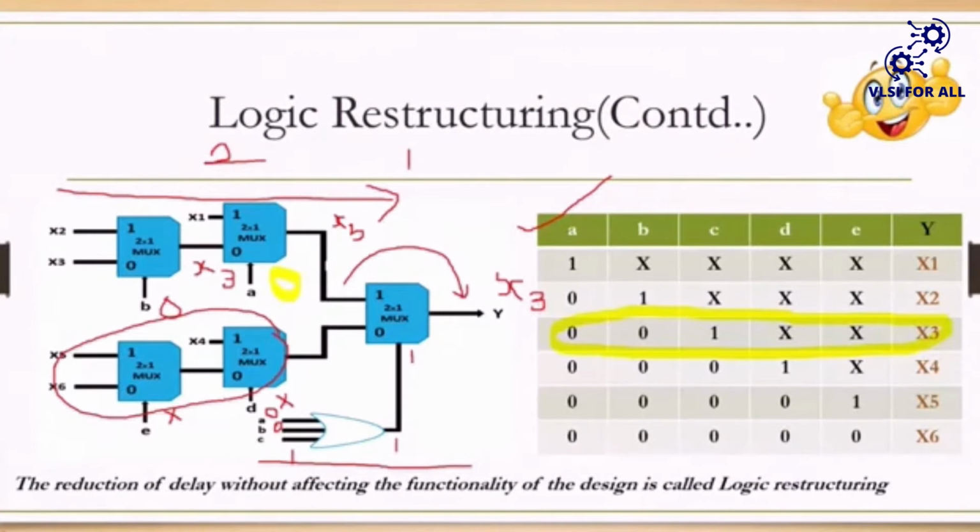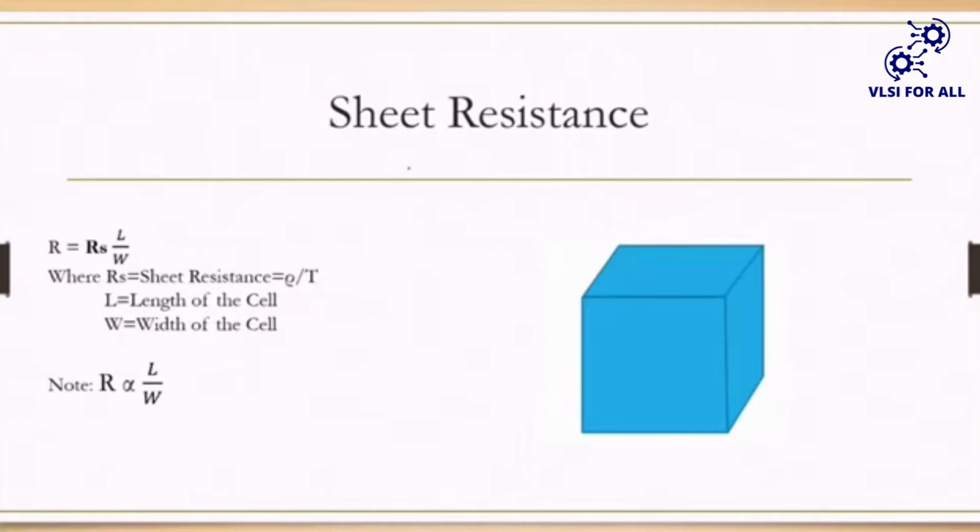Then team, this design requires a 3 nanoseconds delay only. So the design requirement is met. They asked us for 3 nanoseconds. Yes, we have changed the architecture and the delay is 3 nanoseconds only. This is called logic restructuring.